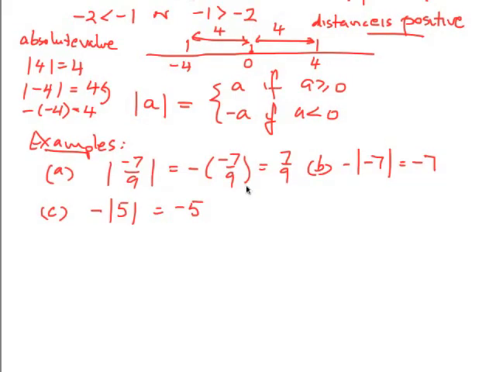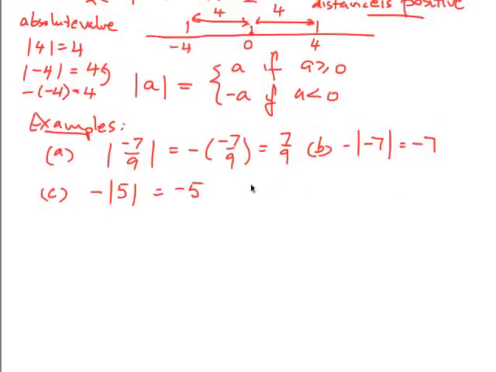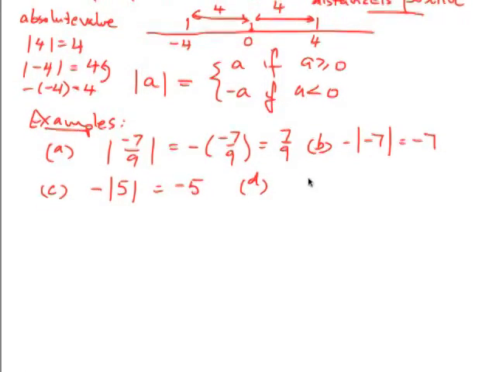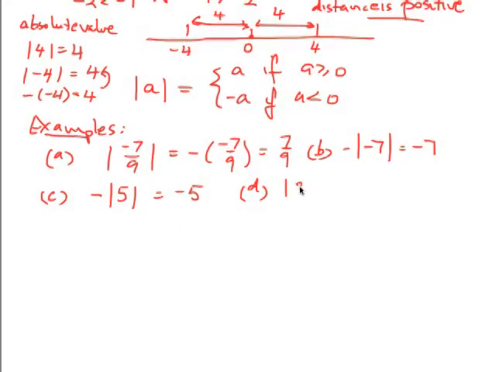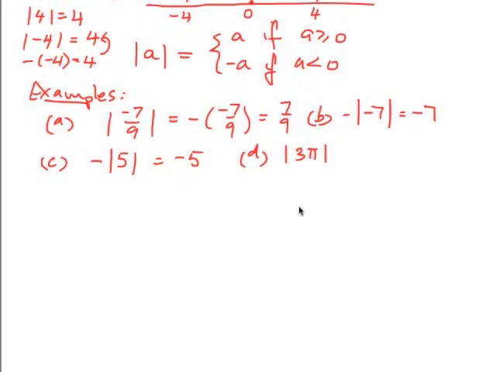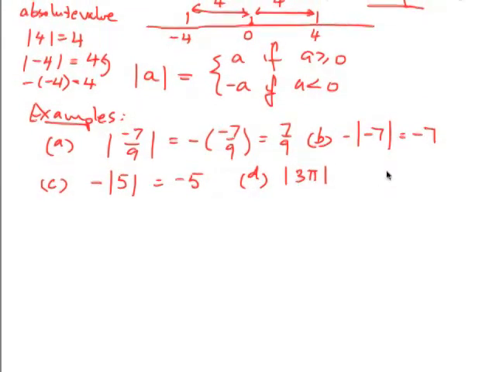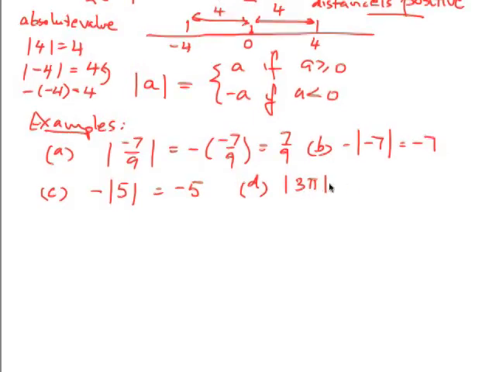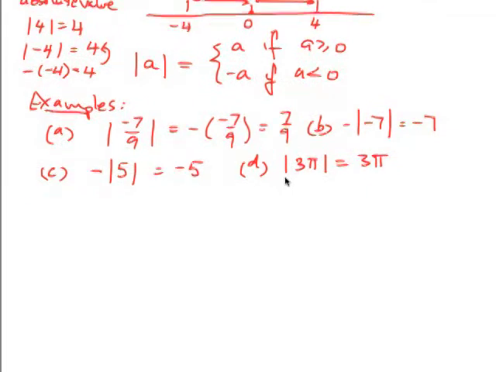Let's do part D. Let's suppose we have the absolute value of 3 pi. Now pi, of course, is approximately 3.142 and so forth. So it's positive. 3 times that will still be positive, so I end up with that result.